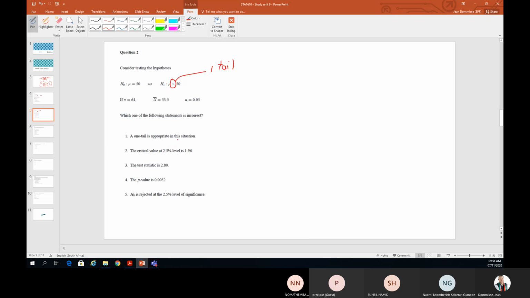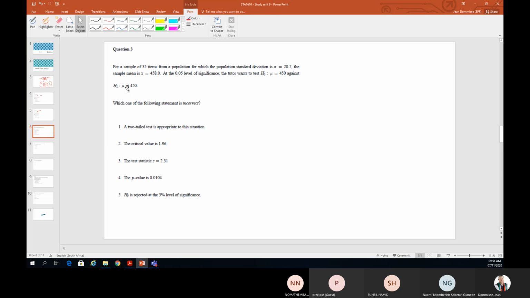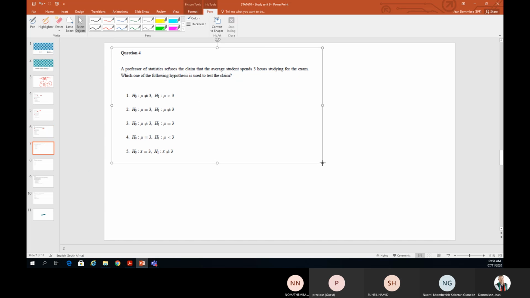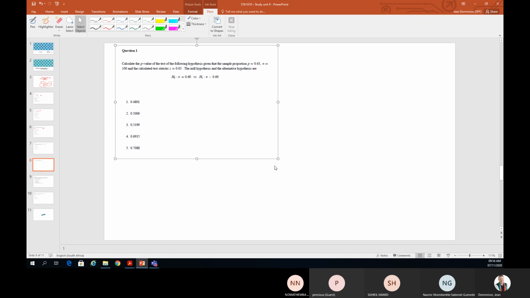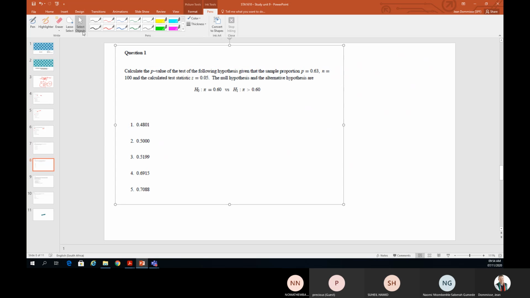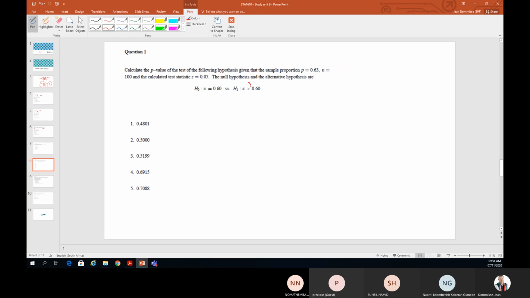Okay, so let's look at the next one. Not equal, so it's two tail. Okay, here it's something different, so we will come back to that. They are something different, but look at that, so it's one tail.